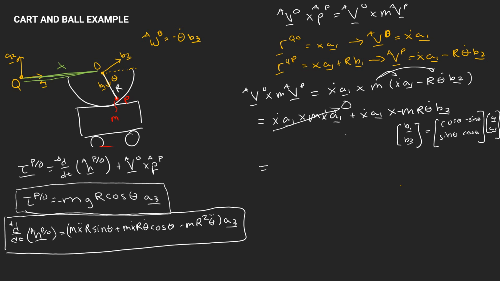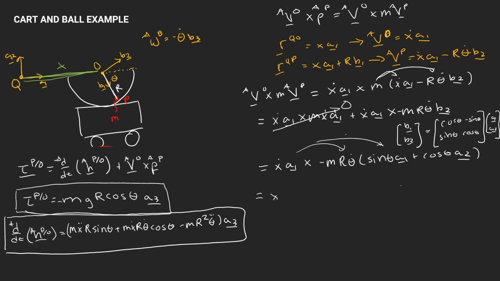This will give us x dot a1 crossed with negative m r theta dot, and then b2 is equal to sine theta a1 plus cosine theta a2. Now we'll distribute out this cross product.